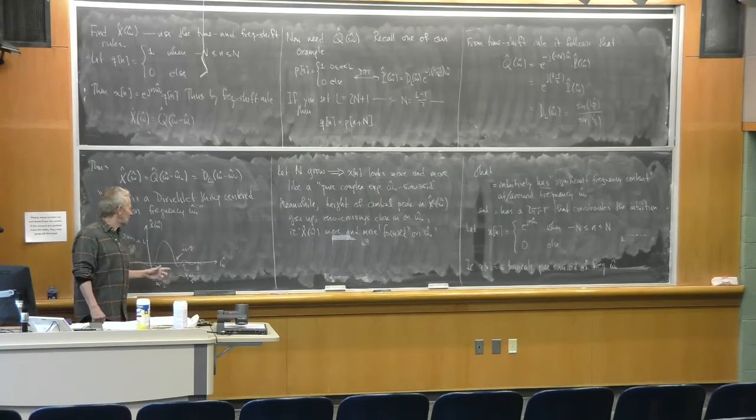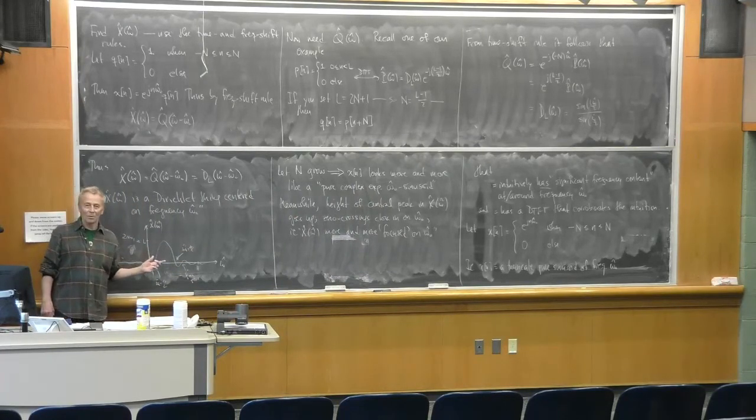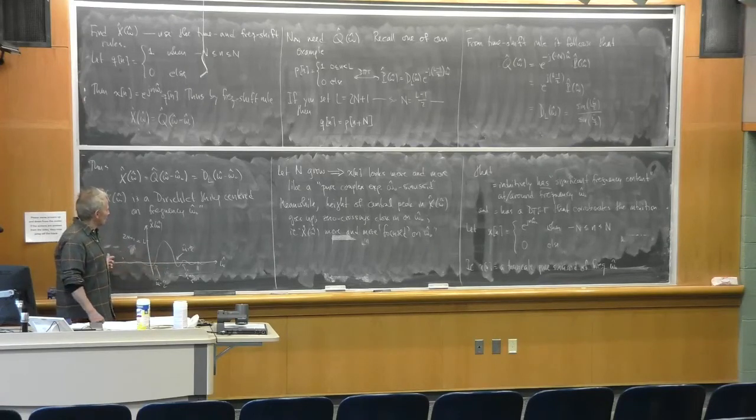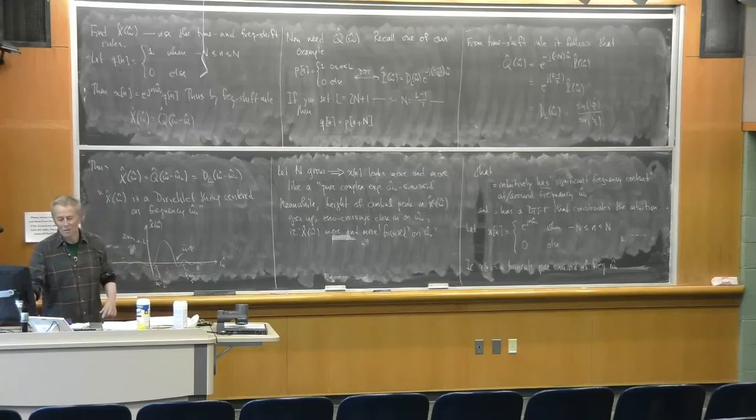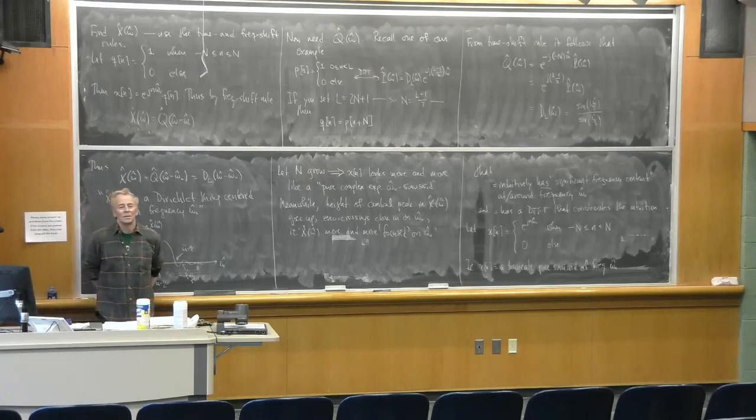Now, does anybody know off the top of their heads what this graph approaches if I let L go to infinity? Yes, it approaches a Dirac delta function. Has everyone ever heard of a Dirac delta function? Where did you hear about it?